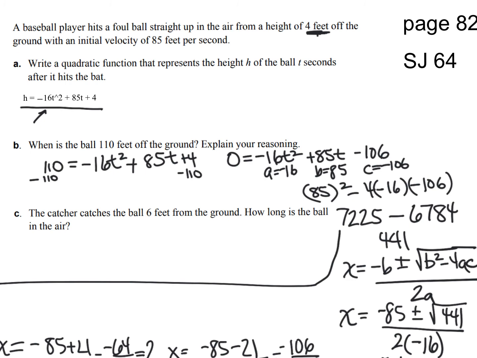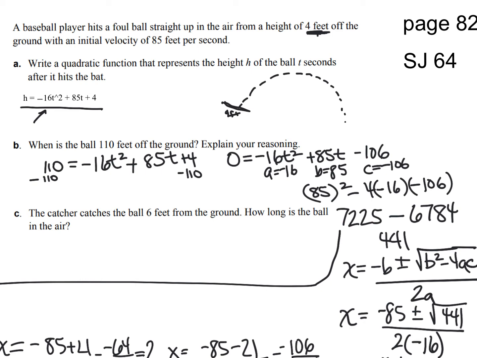Let's look at this scenario because both of those answers make reasonable sense. So here is the baseball bat, and it's hit the ball. It's flying through the air. And it says, when is the ball 110 feet off the ground? So this is at 4 feet here, and this is definitely not to scale.